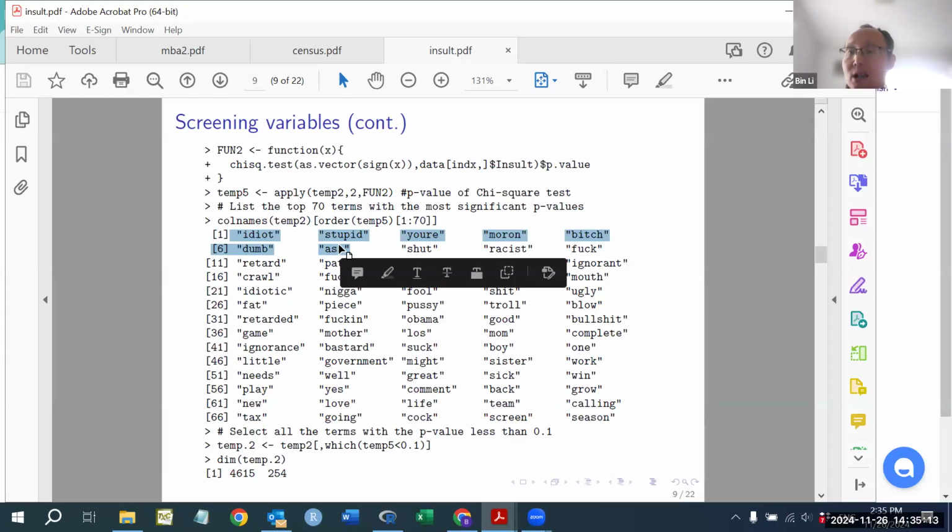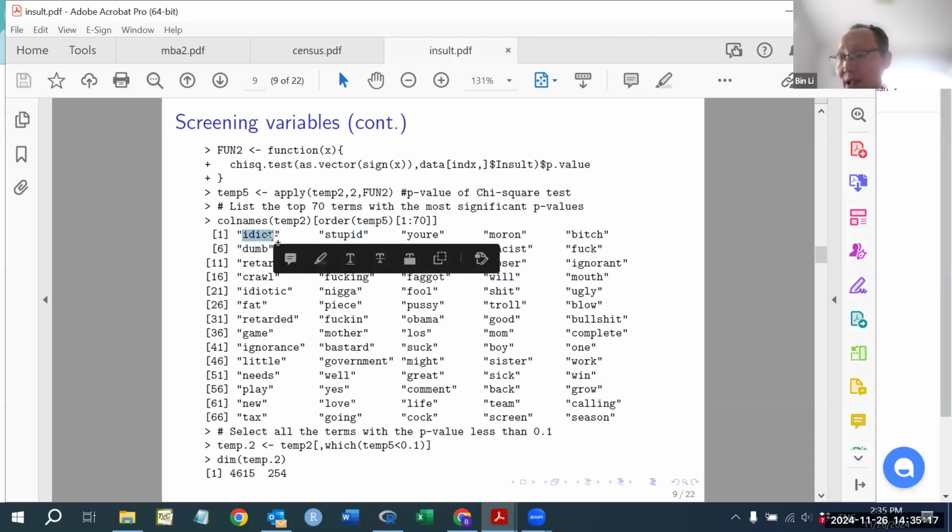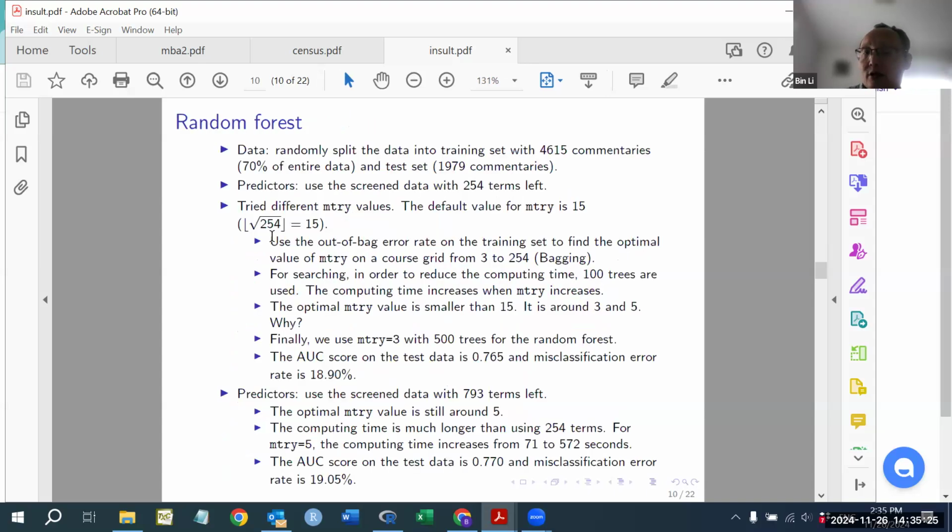Some commentaries use some of the words, but not all of them. Each word shows some information, so it's very diverse. What is the best strategy to create this ensemble? The best strategy is to use all of them. That's why the M-try value should be low.